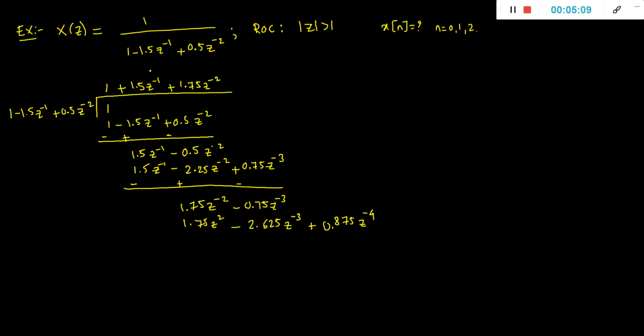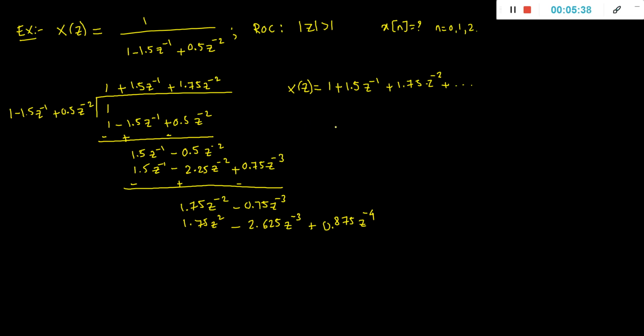But now you can see that I have gotten three terms. So I'm going to write X(z) as 1 plus 1.5 z to the power minus 1 plus 1.75 z to the power minus 2 plus dot dot dot, because it just continues. If you look at the power of z here, it is 0.